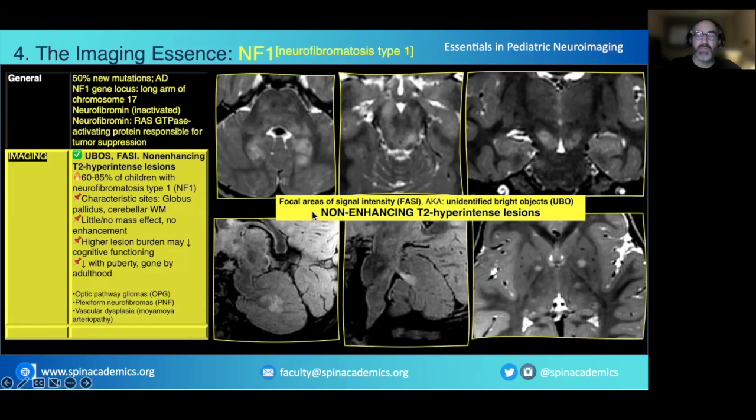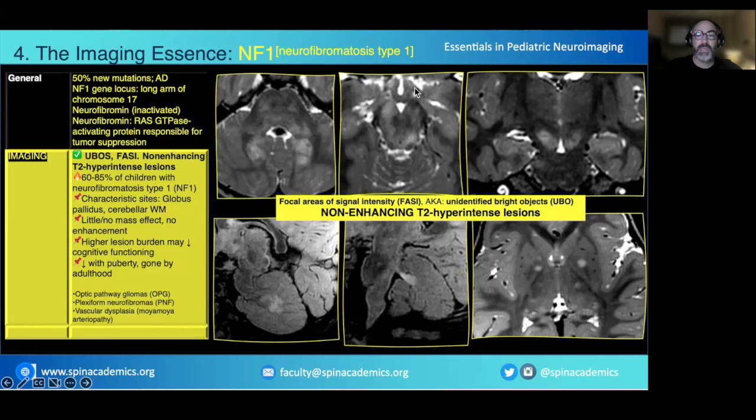I prefer talking about non-enhancing T2 hyperintense lesions, and where are they located mainly? They are present in almost all the children that have NF1, almost all have non-enhancing T2 hyperintense lesions.